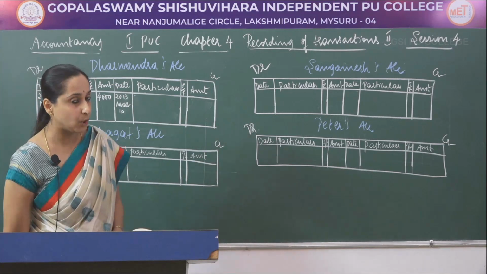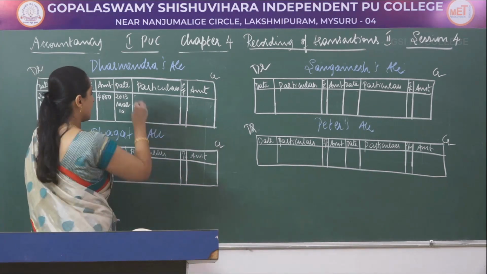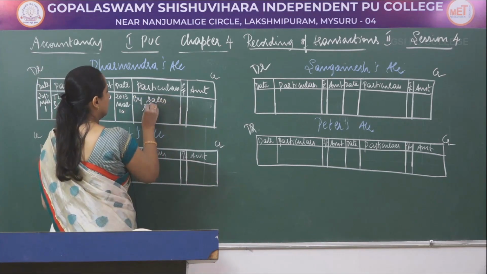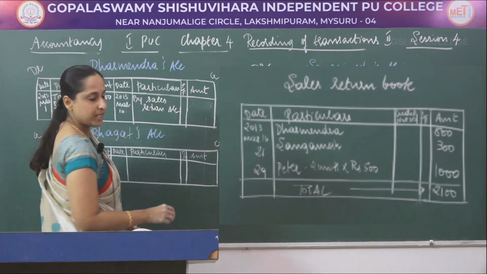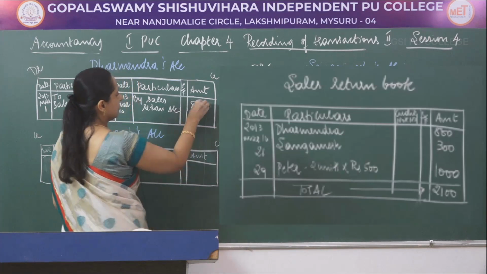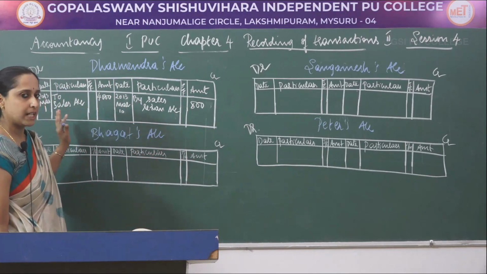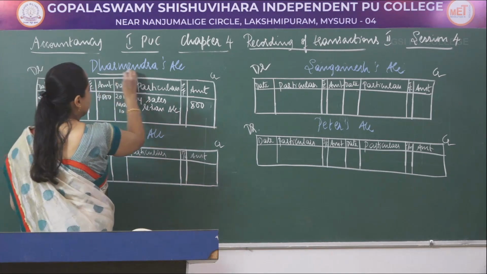Sales return account debit to Dharmendra's account. So in Dharmendra's account we write by sales return account, the amount is 800. So this account is over now. We have posted both sales and sales return transactions in Dharmendra's account.